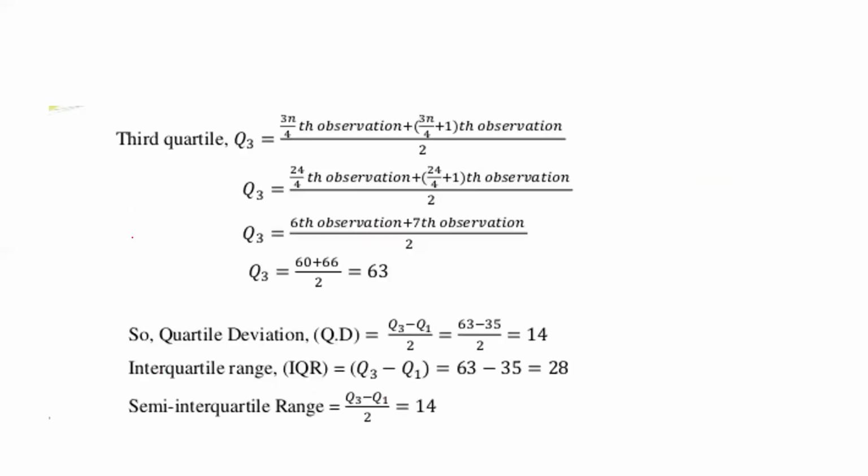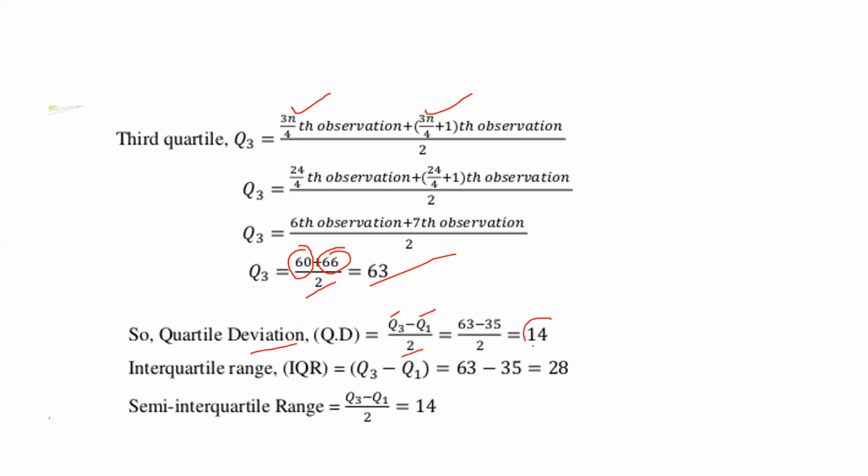Now the same with the Q3 value. As we know the formula, 3n by 4 plus 3n by 4 plus 1, and the same way, the sixth observation and seventh observation in the given data set, we can take the average and find it out. And quartile deviation, as we know, is the upper quartile minus lower quartile divided by 2.